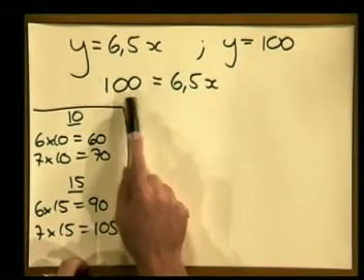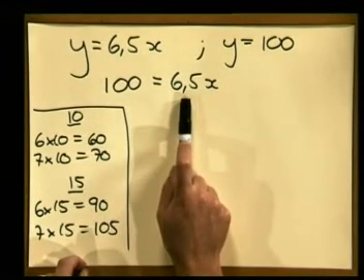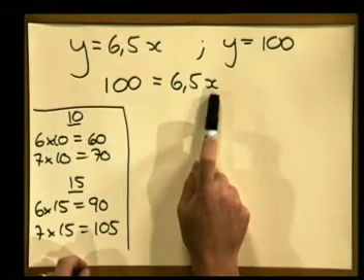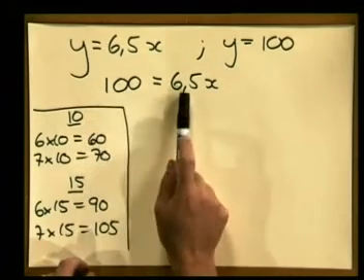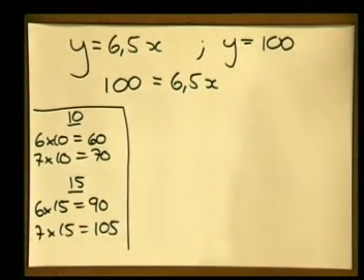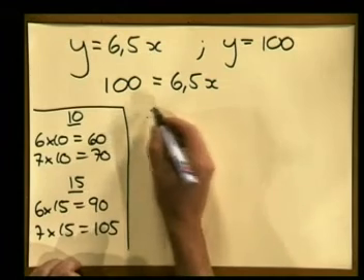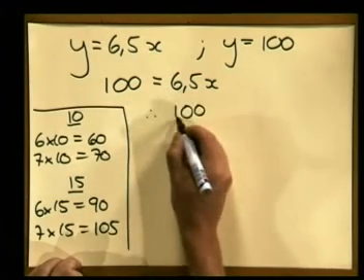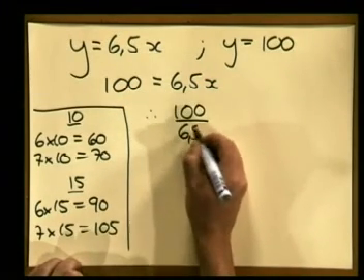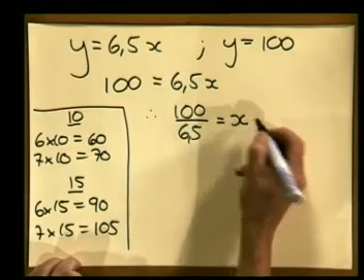If 100 is equal to 6,5 multiplied by a number, then we can divide 100 by 6,5 to find that number. In other words, 100 divided by 6,5 is equal to x. Now we need to calculate the final answer for x.